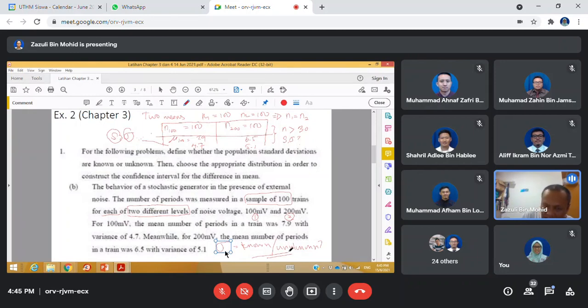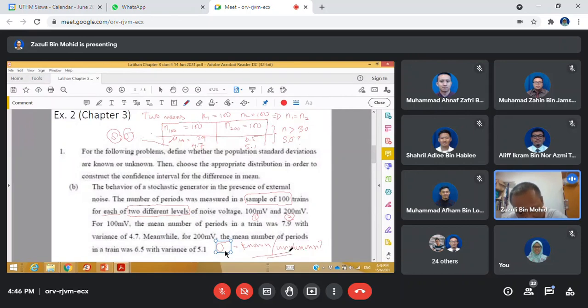When the n is larger than 30, no matter we know the population or the sample standard deviation or not, we are going to use the Z. We are going to use the Z. Maknanya, kalau angka dia sampel lebih daripada 30, dah tak payah nak tanya-tanya lagi dah. Kita akan pergi kepada Z.